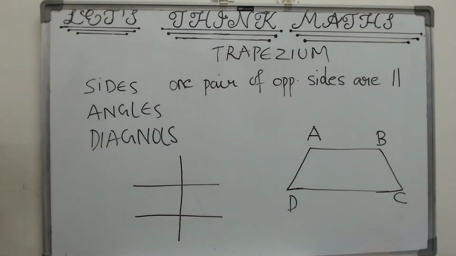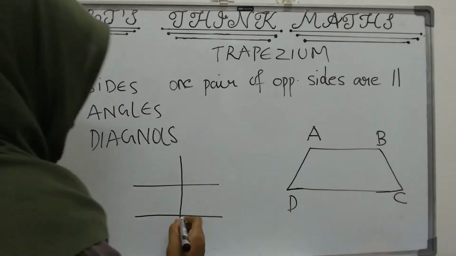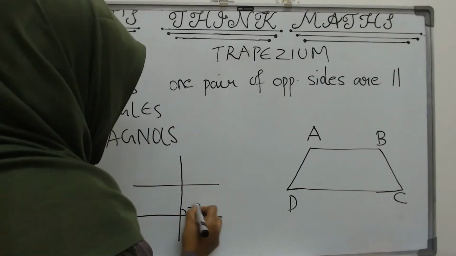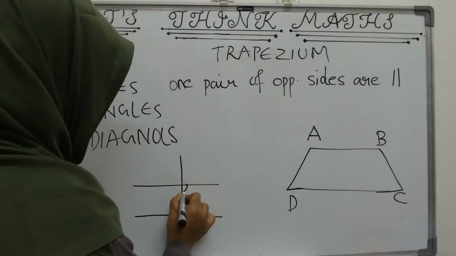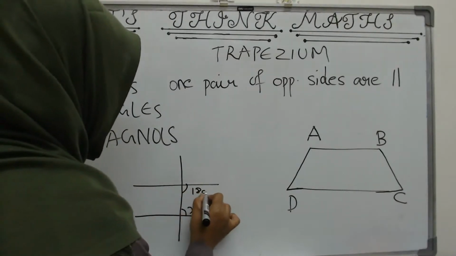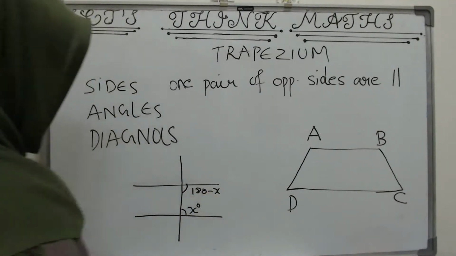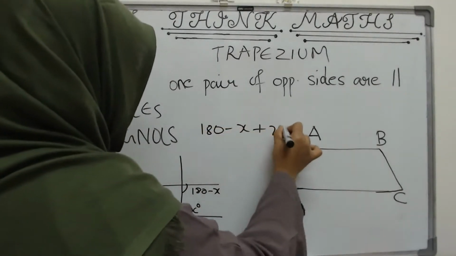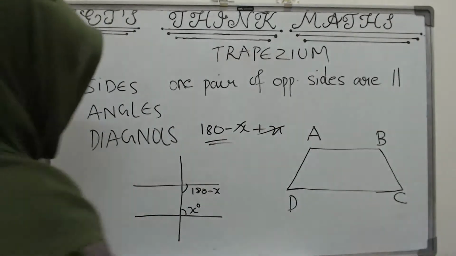That means their sum will be 180. Or in other words, if you take this angle to be x degrees, then this angle should be 180 minus x. Because 180 minus x and then plus x, it gets cancelled and you will get 180.